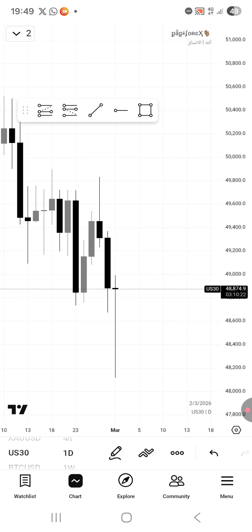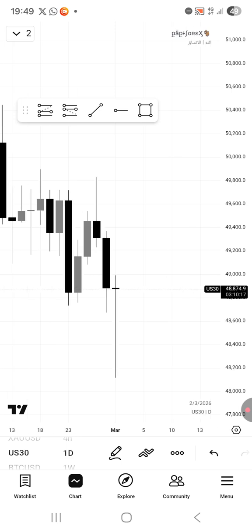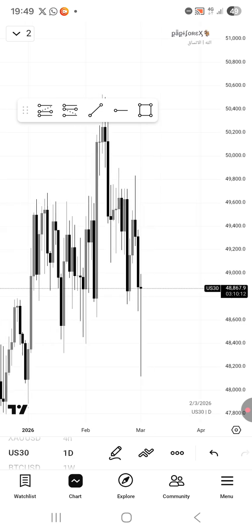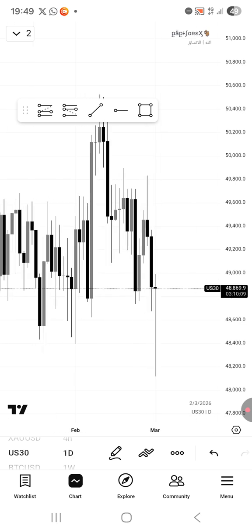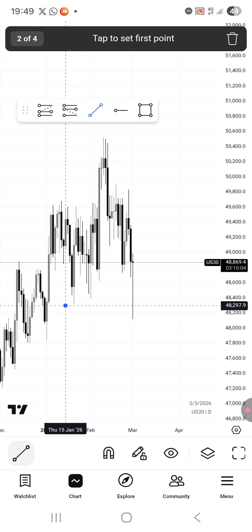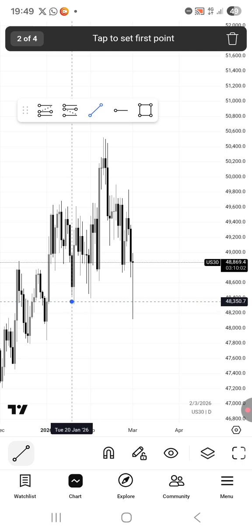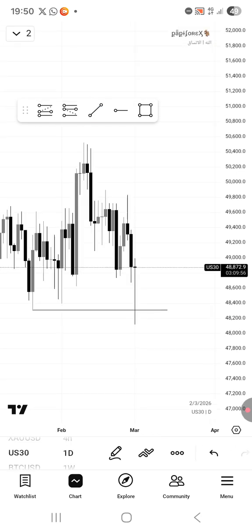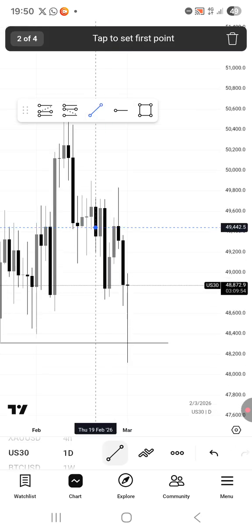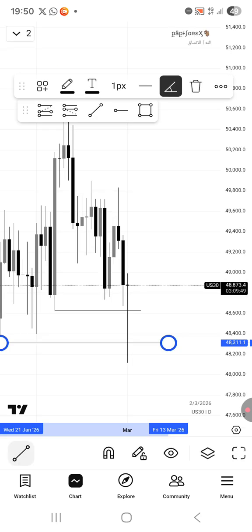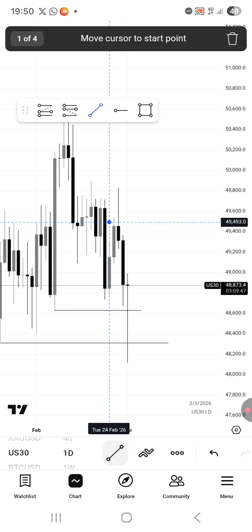Since I'm not seeing anything yet on US 30 on the daily, I can go to my 4 hours to check. Meanwhile, I know this candlestick movement is showing some sort of reaction, and price is acting based on sweeping this low, and is closing above it, even above this low.